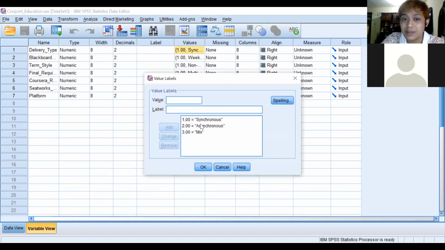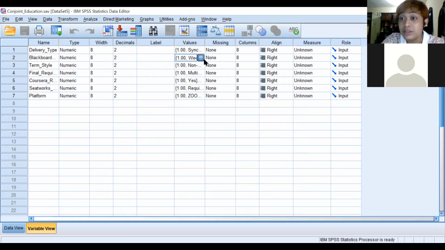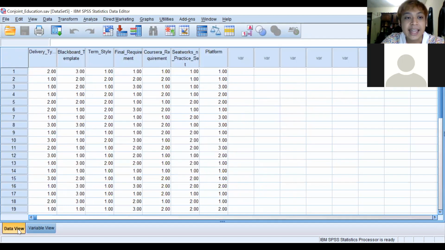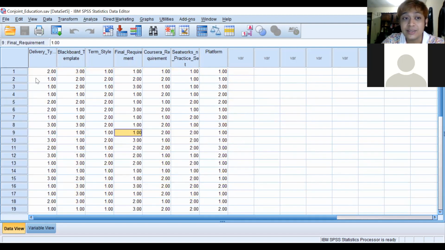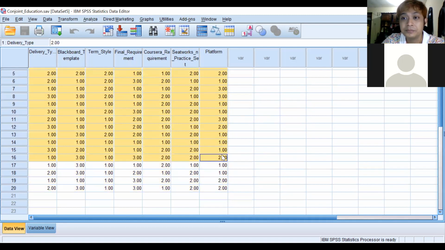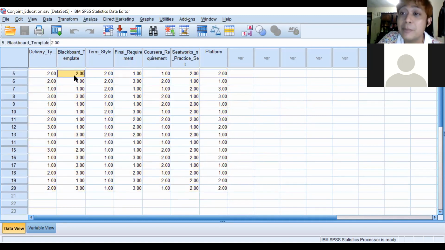These are the values for each of the stimulus, and here is the conjoint design. So it's going to be 20. Can you see this one, Justin? Yes. And you know what this is? Perhaps this is the dummy code, right?